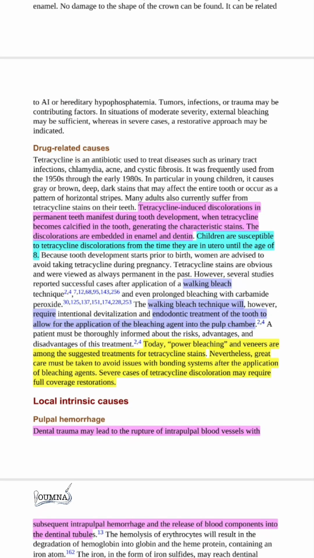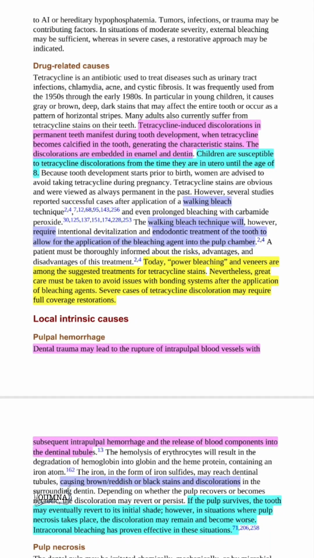Tetracycline discoloration is one of the most common drug-related causes. It can happen in the uterus stage, or it can happen until the age of 8. This material can be embedded inside the enamel and dentine in the phase of their development.